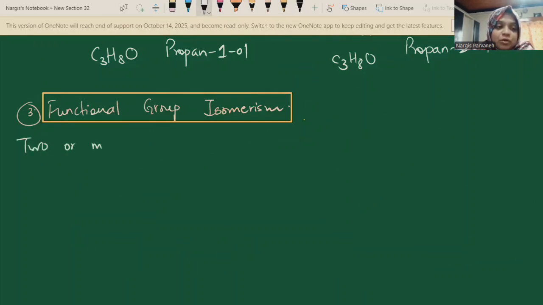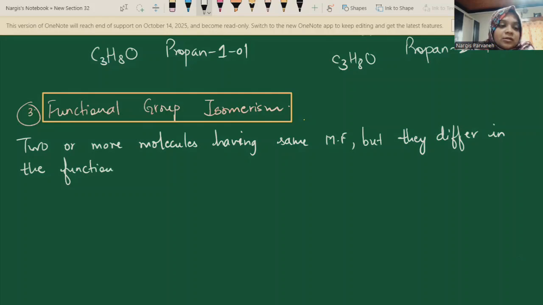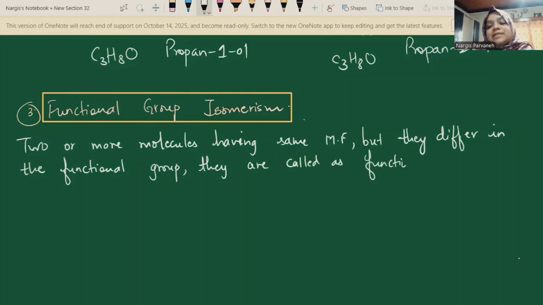So two or more molecules having the same molecular formula, but they differ in what? In the functional group. They are called functional group isomers of each other. Easy?